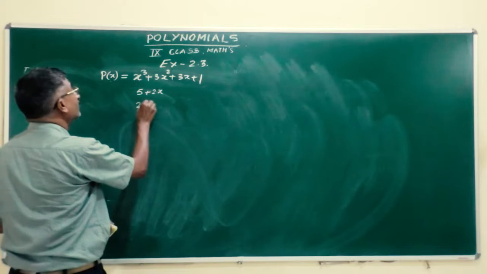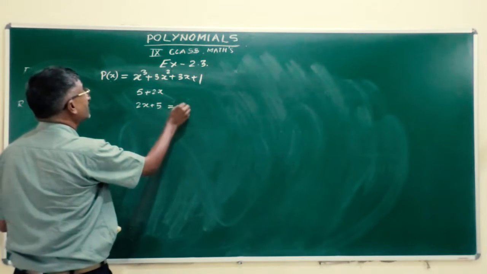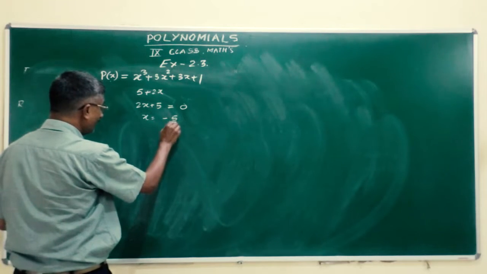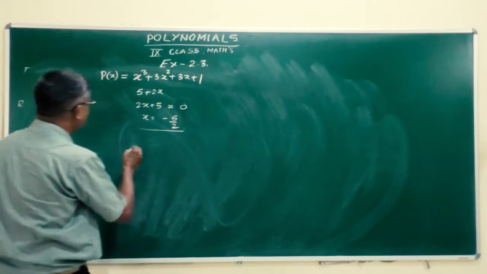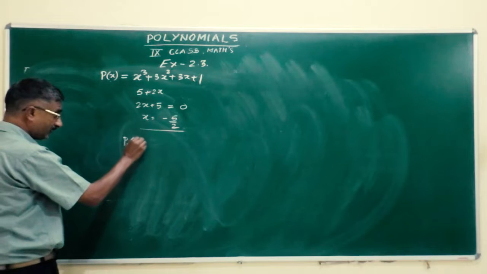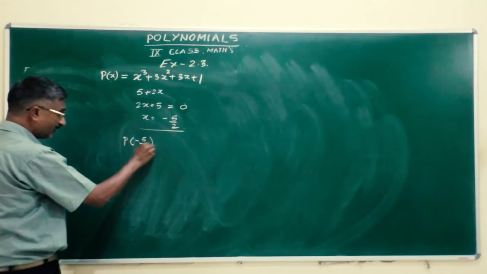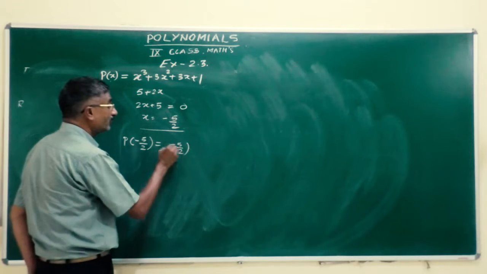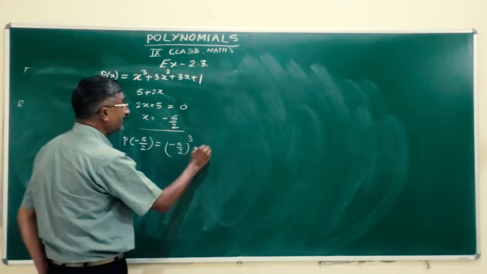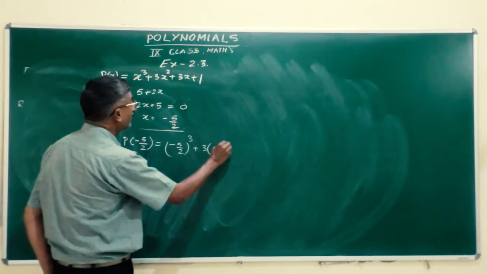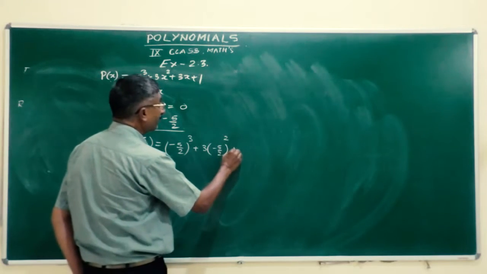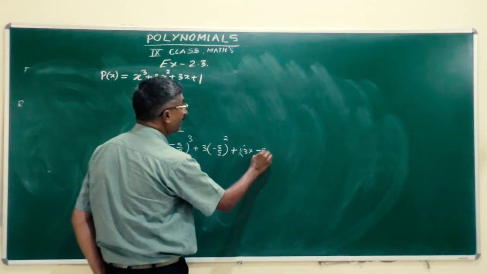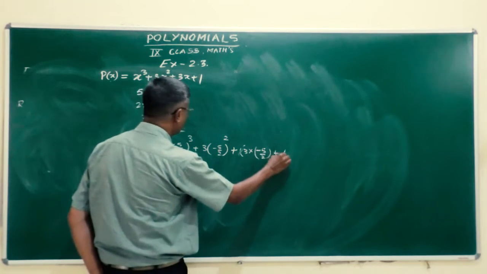So, we can write 2x plus 5 which is equal to 0. So, x is equal to minus 5 upon 2. If we substitute the value here, p of minus 5 upon 2 is (minus 5 upon 2) whole cube plus 3 (minus 5 upon 2) whole square plus 3 into minus 5 upon 2 plus 1.